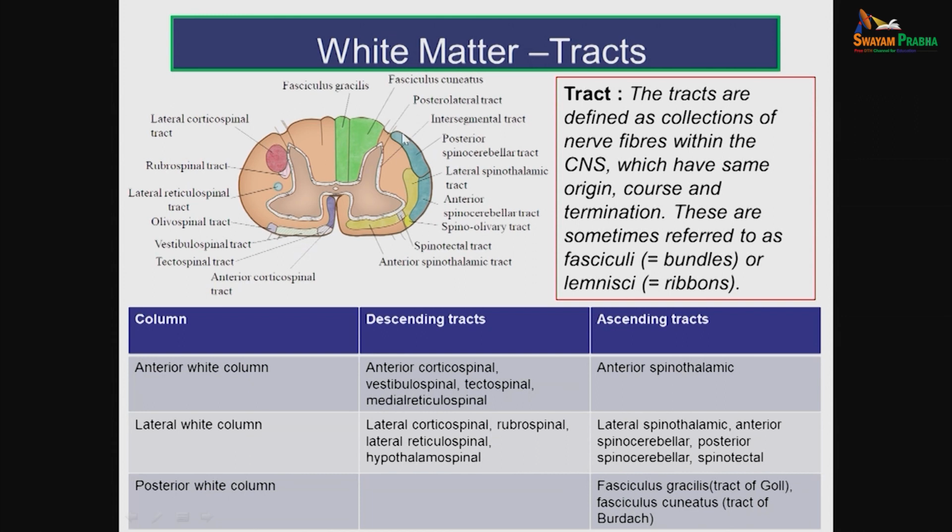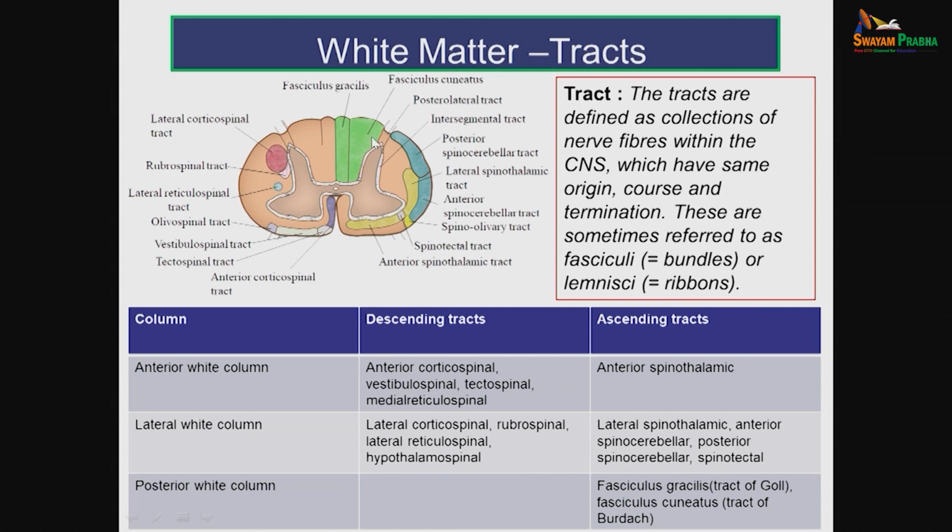This side shows the ascending tracts. In the anterior white column, you can see the anterior spinothalamic tract. In the lateral white column, you see the lateral spinothalamic tract and two tracts going to the cerebellum, the anterior spinocerebellar and posterior spinocerebellar tracts. In the posterior white column, you can see two important tracts which constitute the posterior column pathway: medially the fasciculus gracilis, and laterally the fasciculus cuneatus.